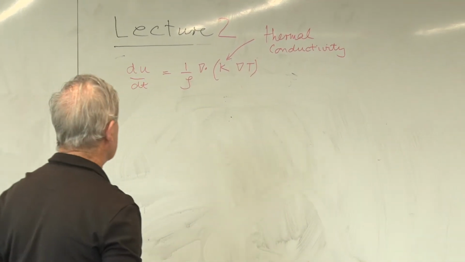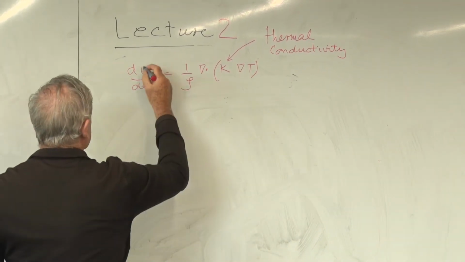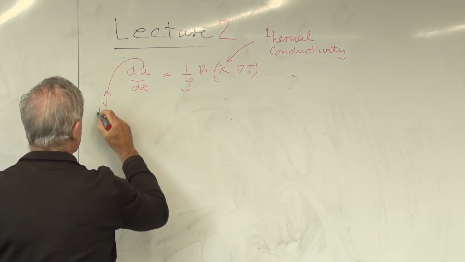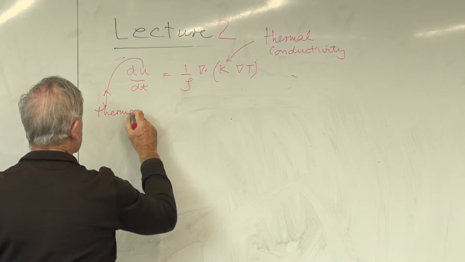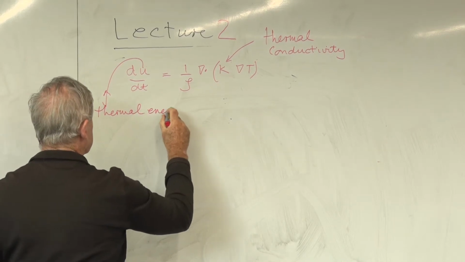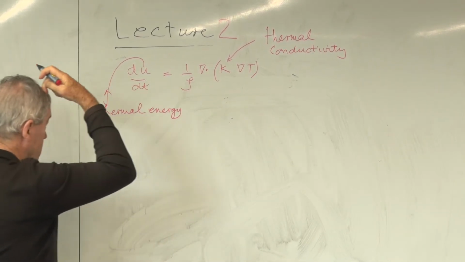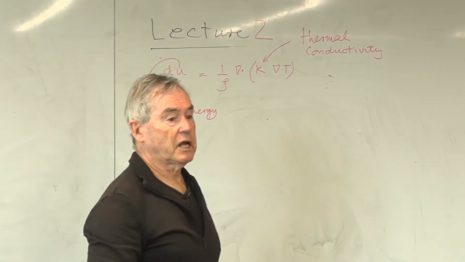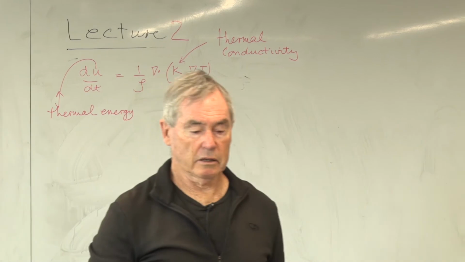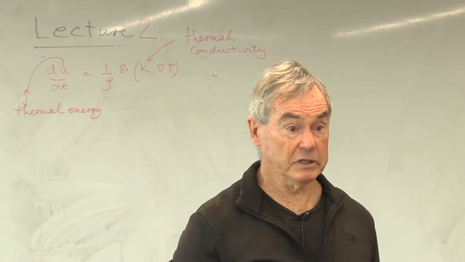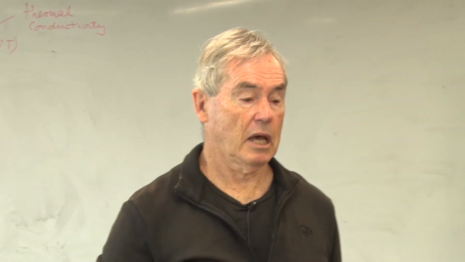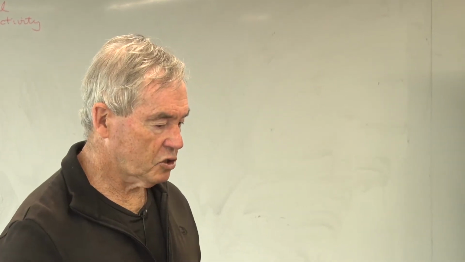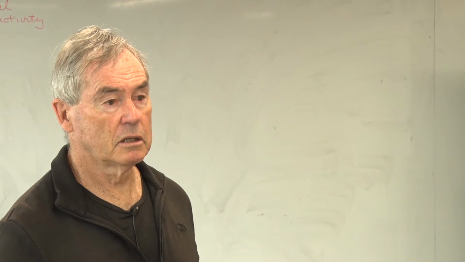Now, this is the, I'll just write that down too, thermal energy. In the equations of fluid dynamics, the thermal energy will change because of viscous terms, and it will change because the pressure can squeeze things up and make it hotter.